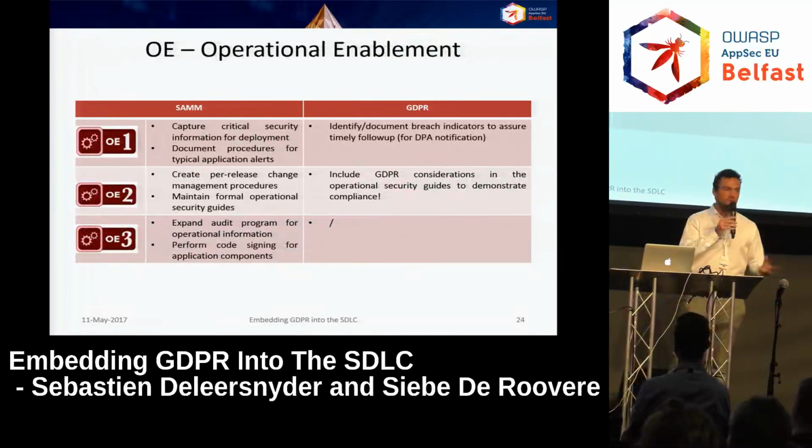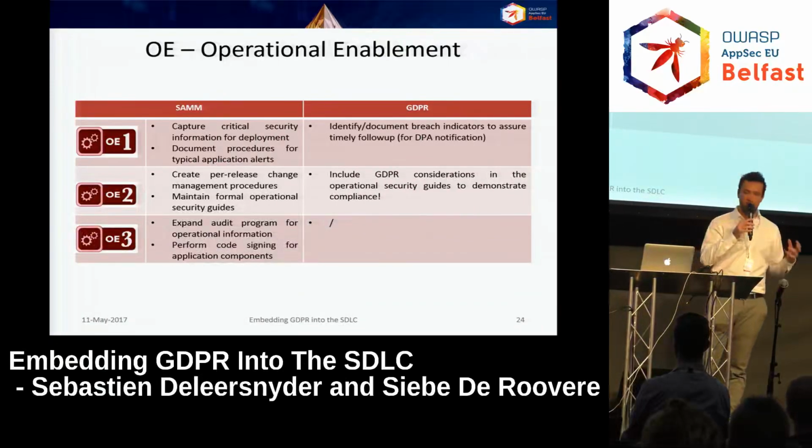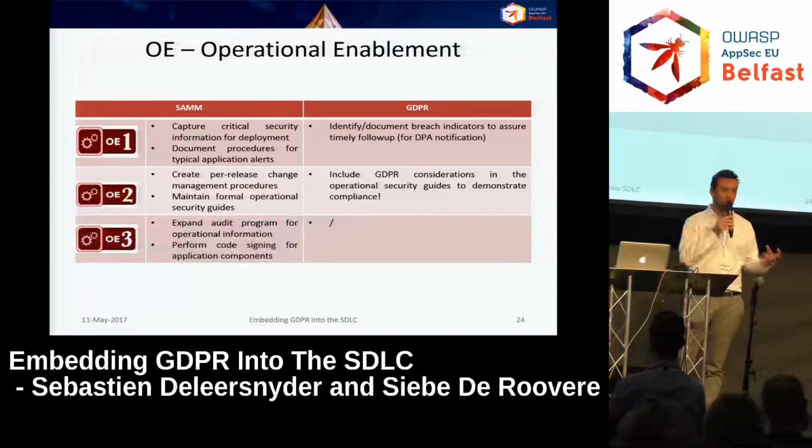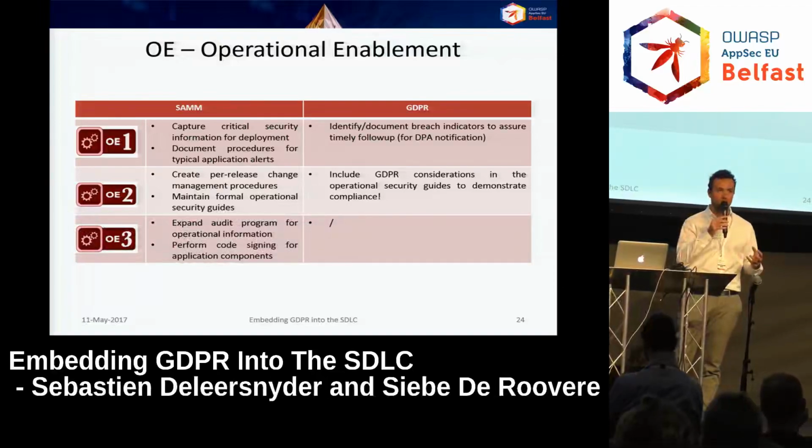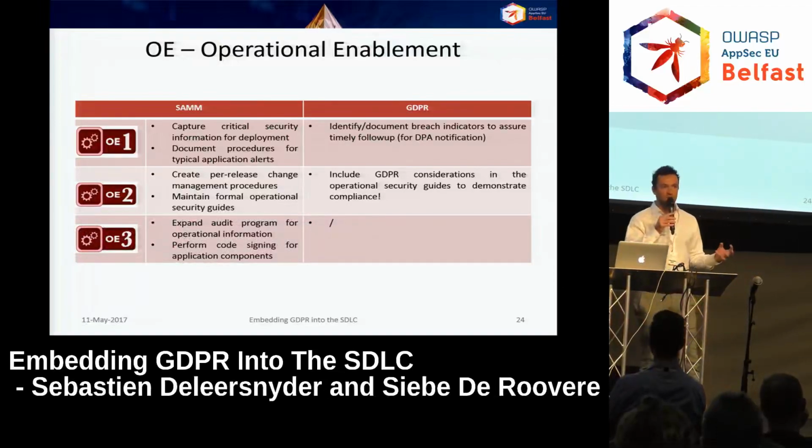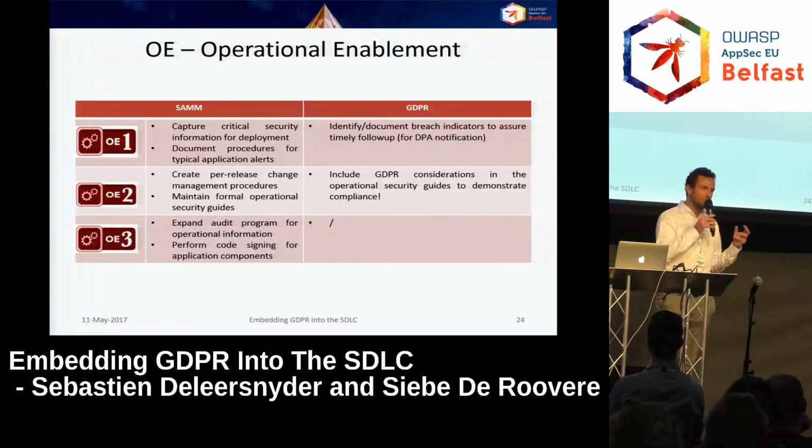Finally, operational enablement. It means that you should have an audit trail, that you should document everything you do in order to make sure that your organization is secure, that your applications are secure, and that you take the necessary steps when an incident occurs. So you should document breach indicators to assure a timely follow-up. Most data protection authorities also provide templates for following up on incidents that should be used.